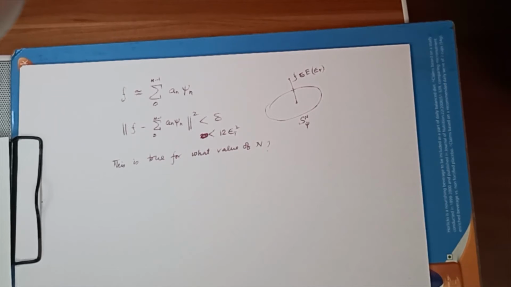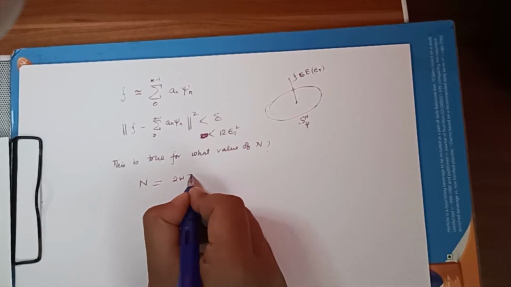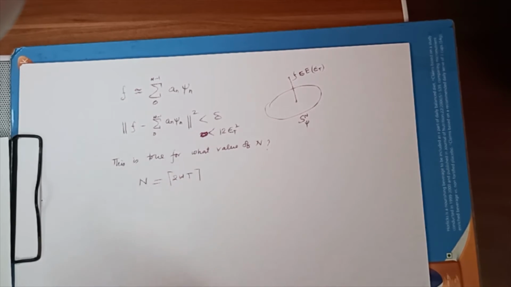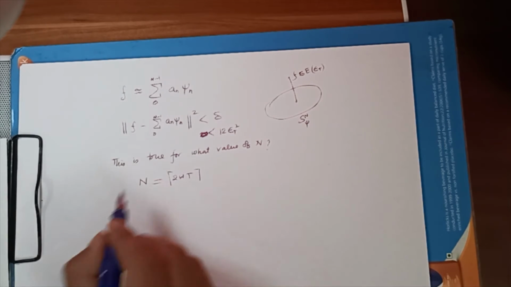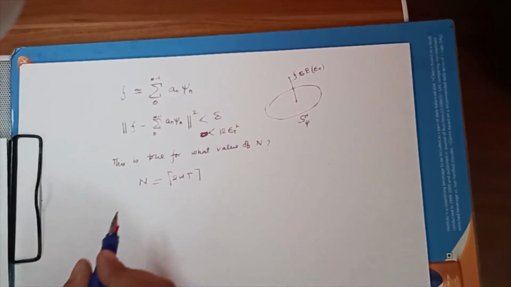So this gives the second curious result, that this N is equal to 2WT, the ceiling, the integer greater than or equal to. So this is remarkable. That proof is also there, but not only this, it is not less than this 2WT, that is also true.